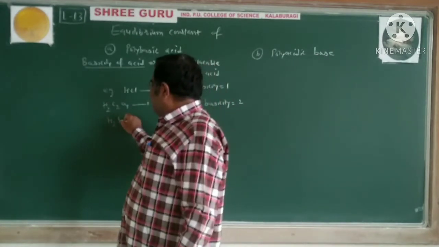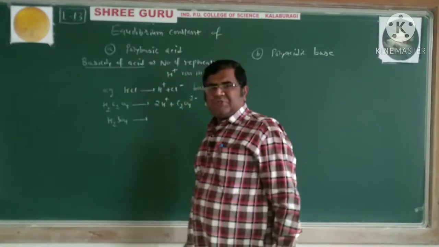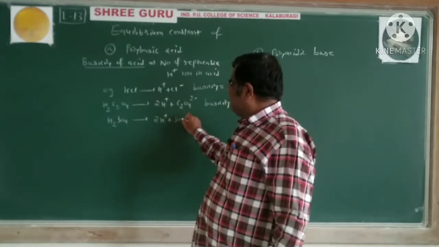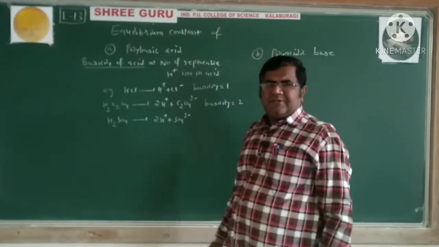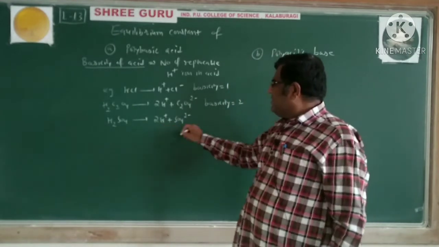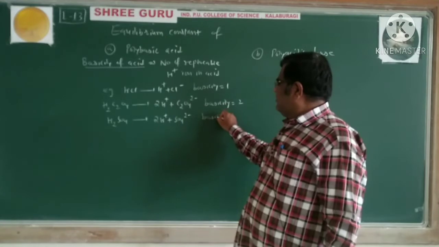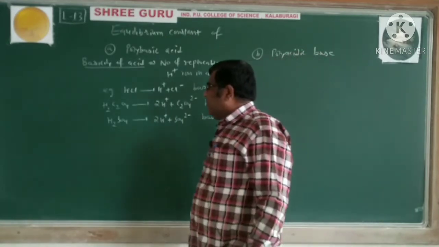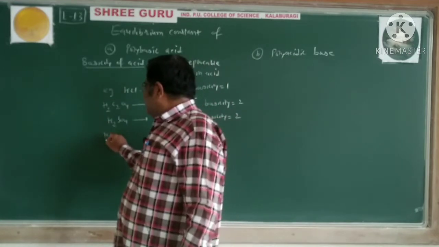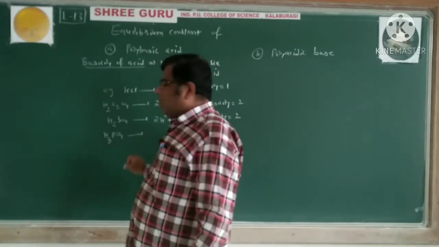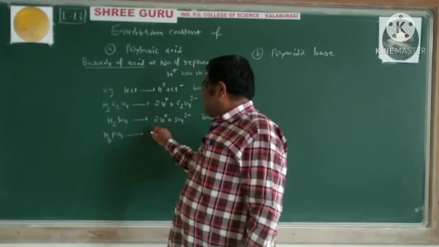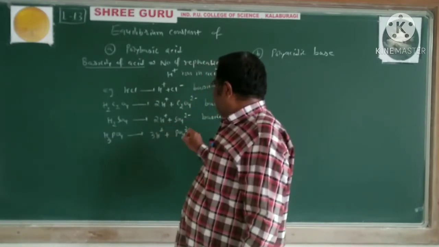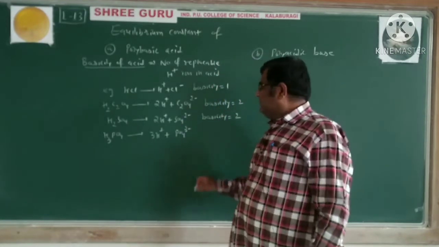Now you can tell me the basicity of sulfuric acid, H2SO4. It forms 2 H plus ions and the sulfate anion. 2 H plus ions are formed. That's why we can say that basicity is 2. If we consider H3PO4, it forms 3 H plus ions and the phosphate anion.